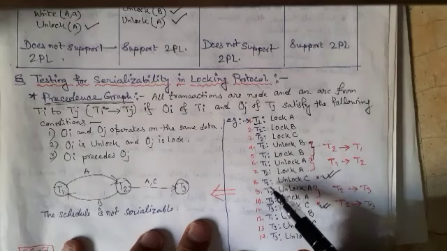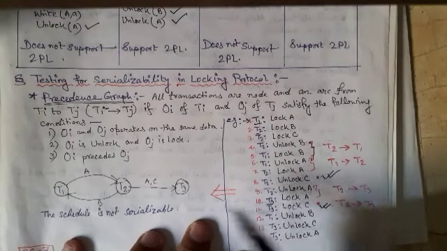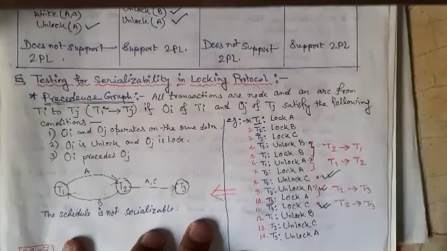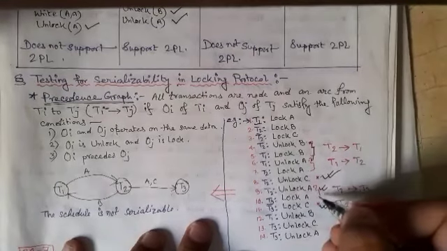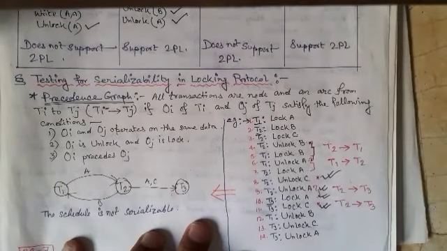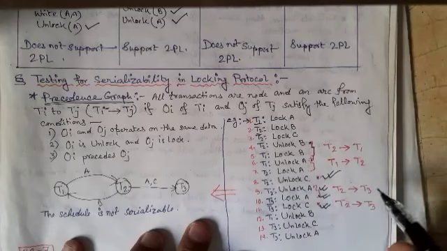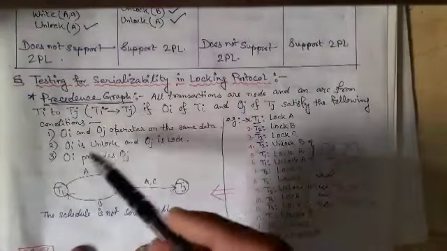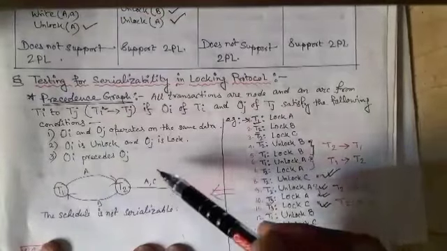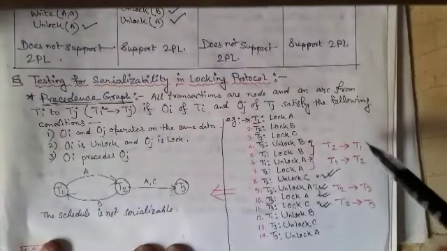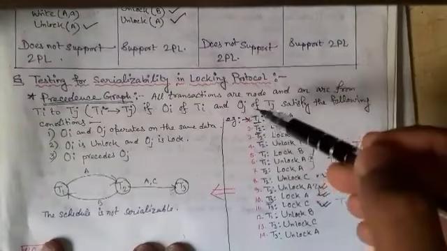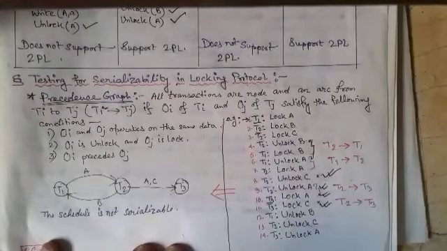So there is an arc from T2 to T3 with C. Here also unlock A for T2 and lock A for T3. So there is an arc from T2 to T3 with the label A. So this will be the precedence graph of this concurrent schedule or concurrent transactions.